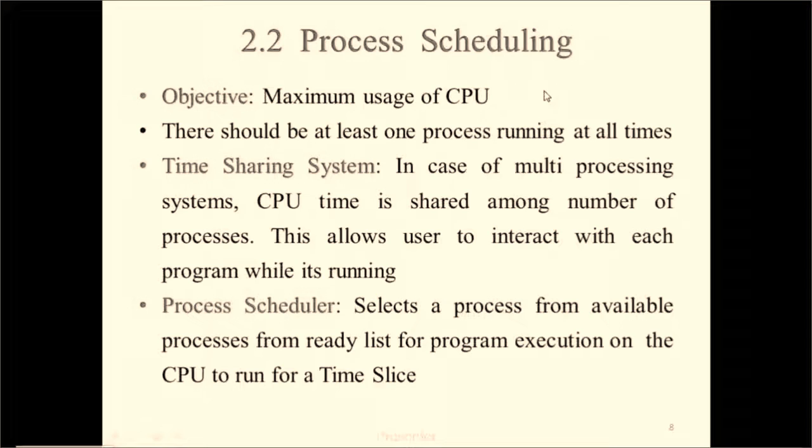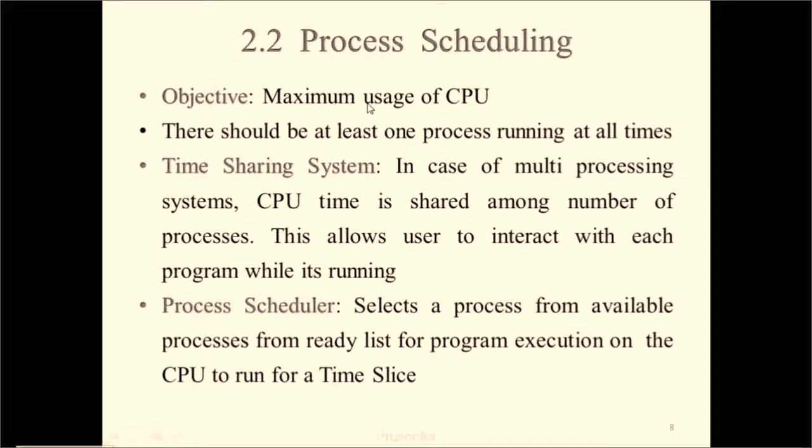Scheduling of a process. The objective of process scheduling is to maximize the usage of CPU.